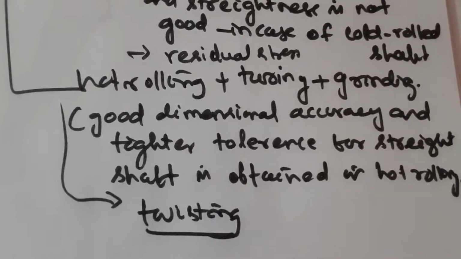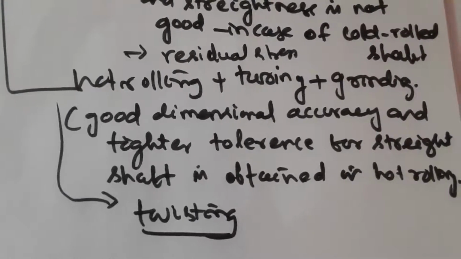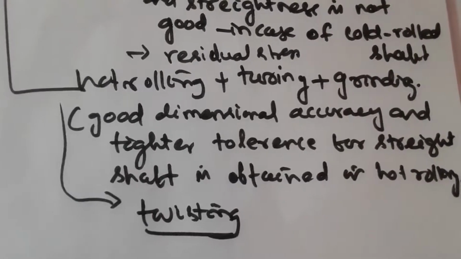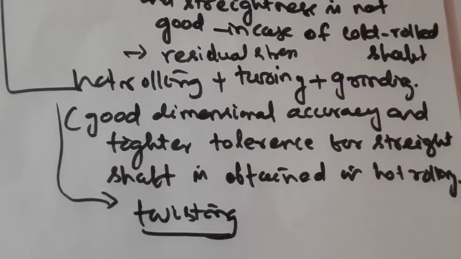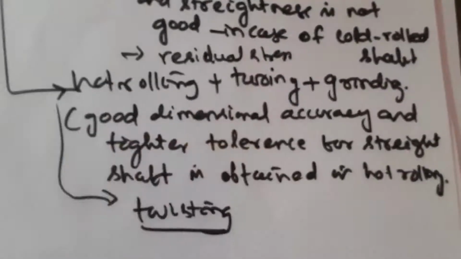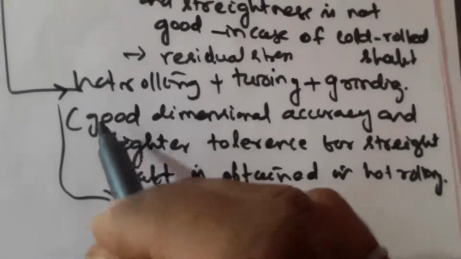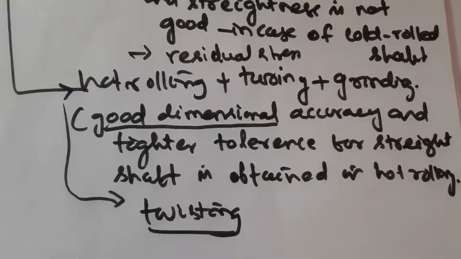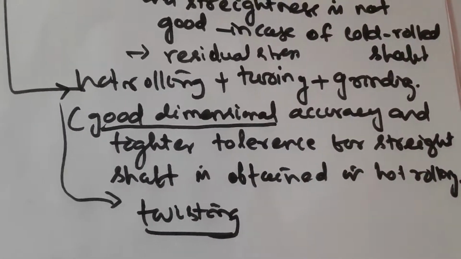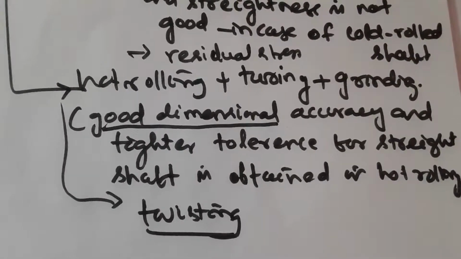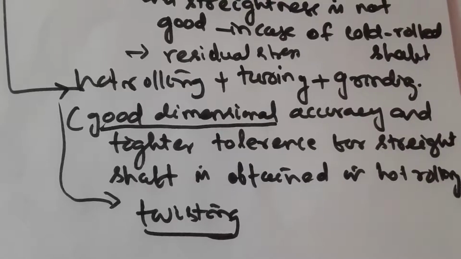Therefore, most transmission shafts are made in such a way that the twisting is minimum, and that's why shafts like transmission shafts requiring tighter tolerance in the diameter as well as straightness are turned and ground. They are further hardened and oil quenched to achieve the required strength and hardness.